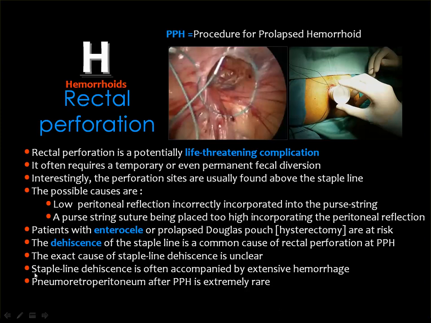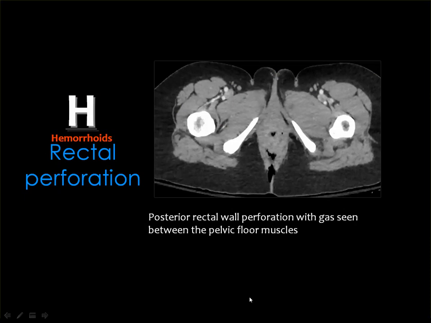Staple line dehiscence is often accompanied by extensive hemorrhage, but the presence of pneumoretroperitoneum is extremely rare. And if you see air loculi, then this is the localized site of perforation.